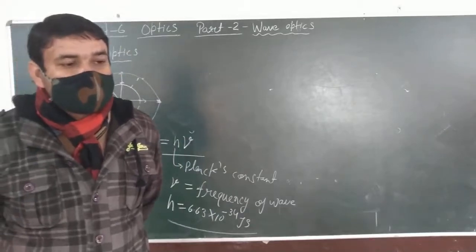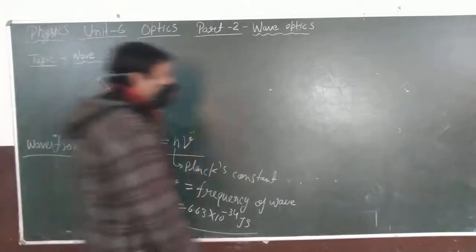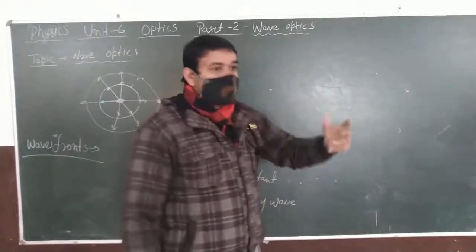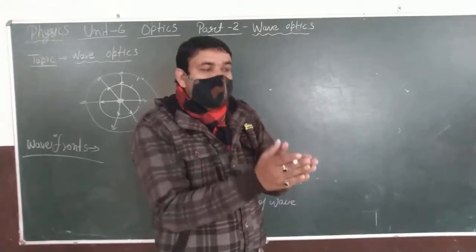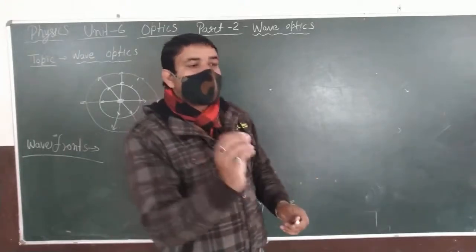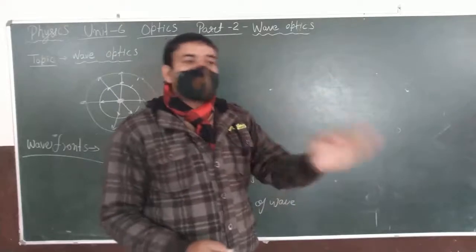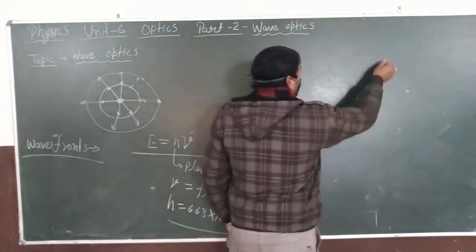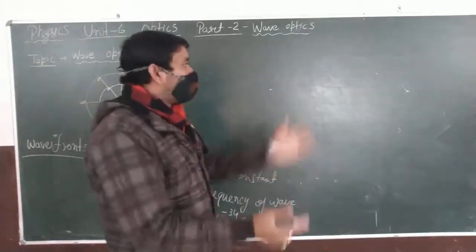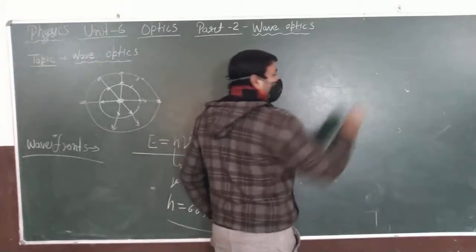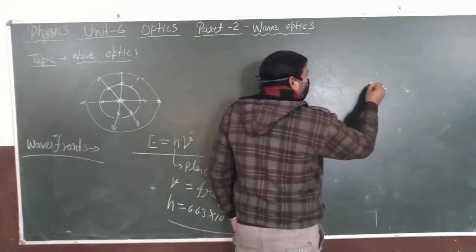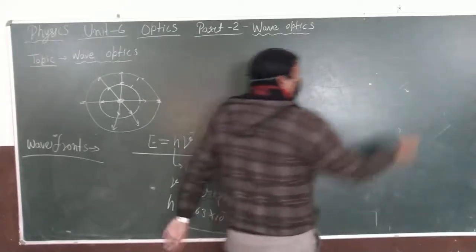Vibrating in the same phase means, as you learned in your previous class, the wave produced in a pond or a lake when a small stone is thrown in. Suppose there is a river or a pond, and a pebble is dropped in it. This is the source of the wave origin.